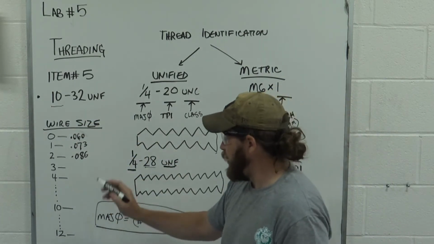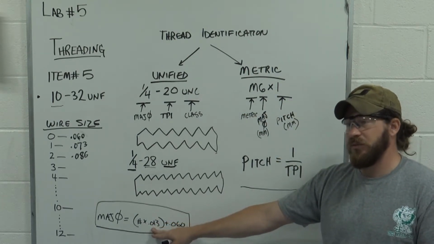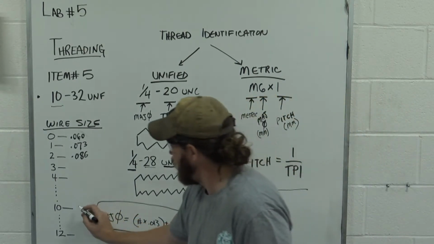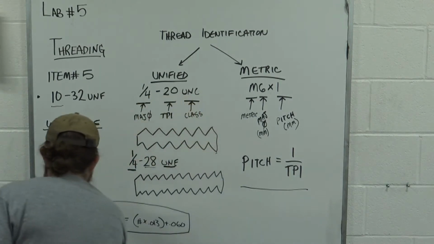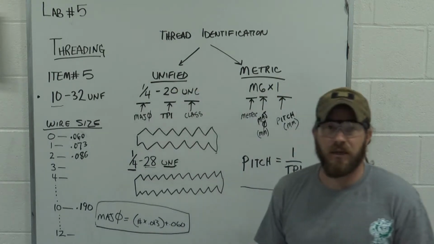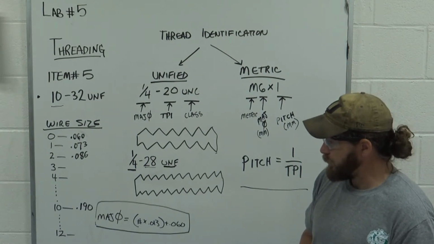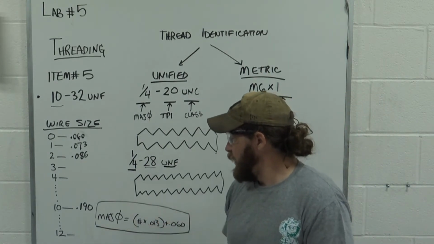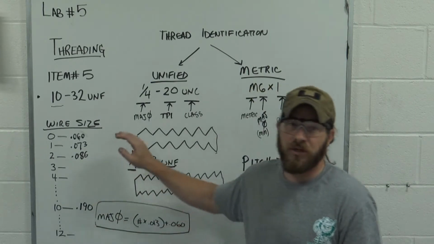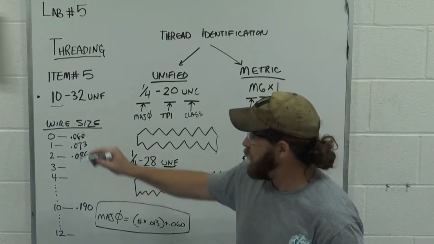We just plug the 10 in here. 10 times 13 thousandths will give us 130 plus 60, which should give us a major diameter of 190 thousandths. And it goes up to 12 because once you go past 12, you're into the quarter inch size. You're right there at quarter inch. So this is important to know.